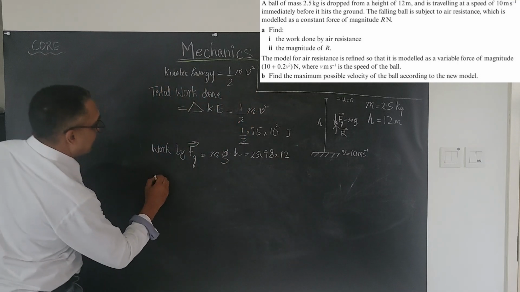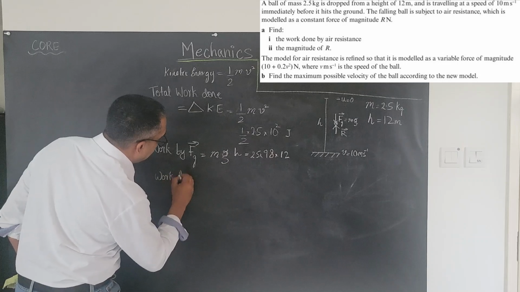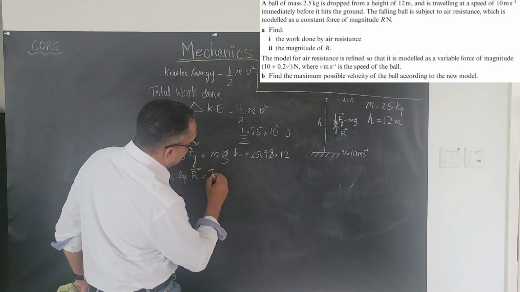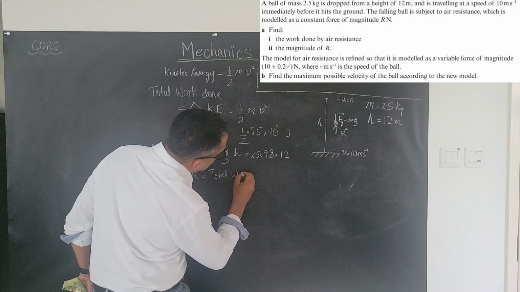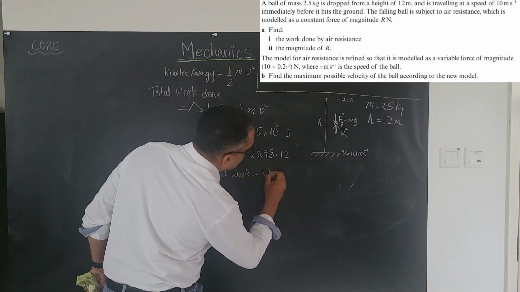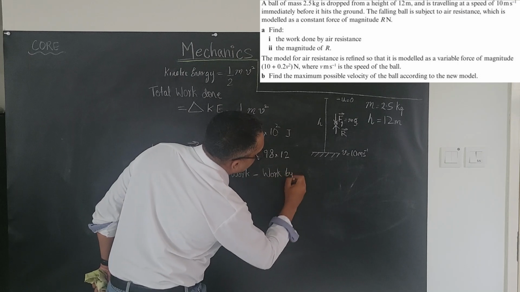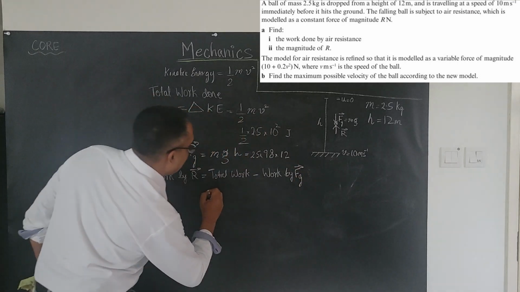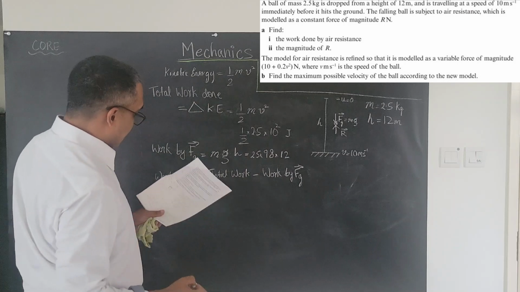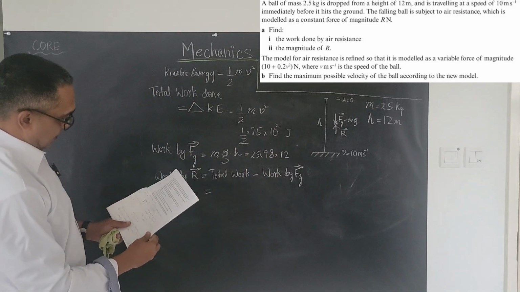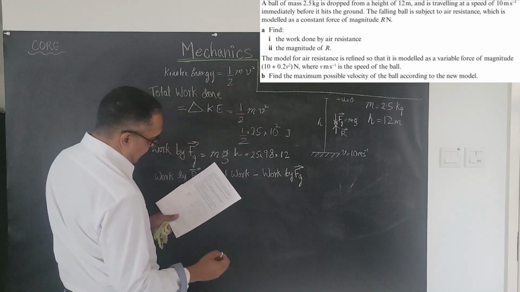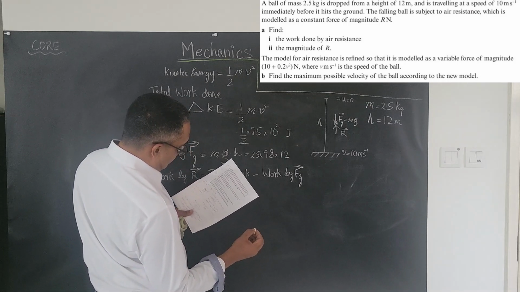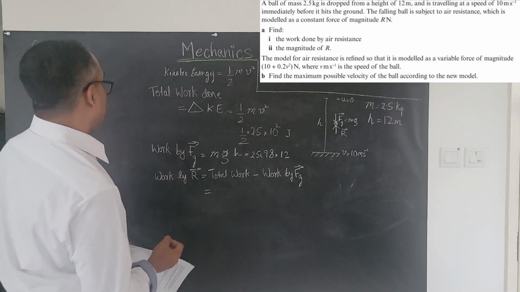And I can now say work by R is equal to total work done minus work by Fg, and I can now go into this one, do the math here, and I would get something to the tune of, work done by gravity.